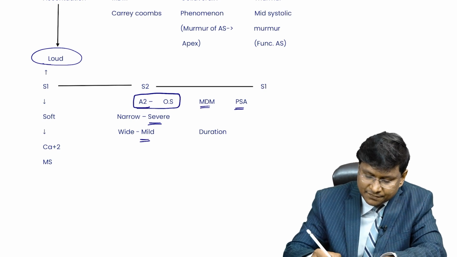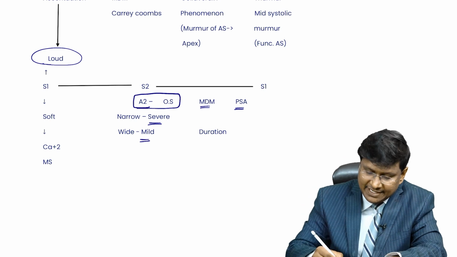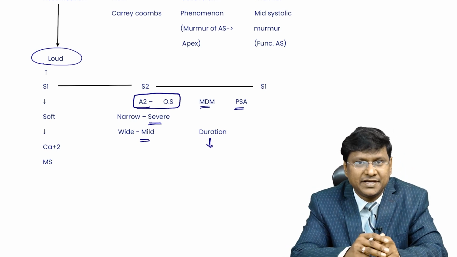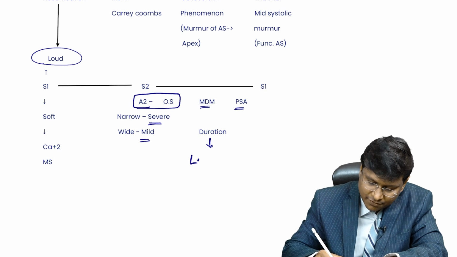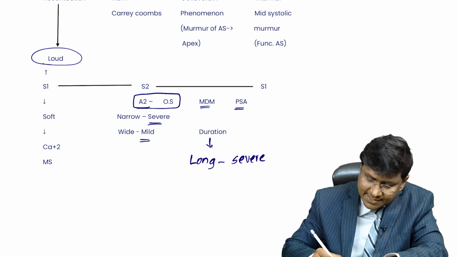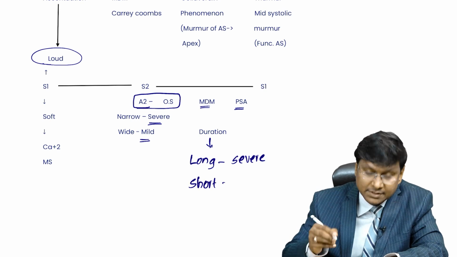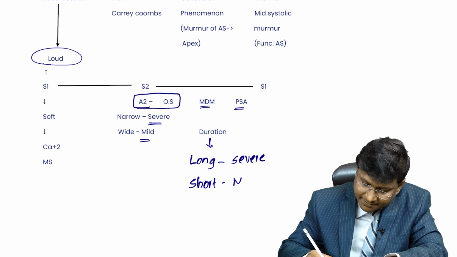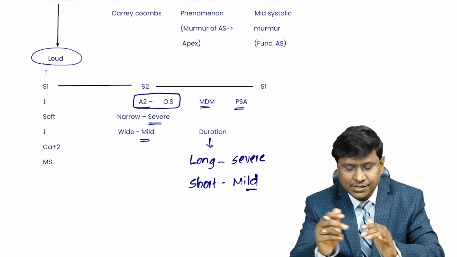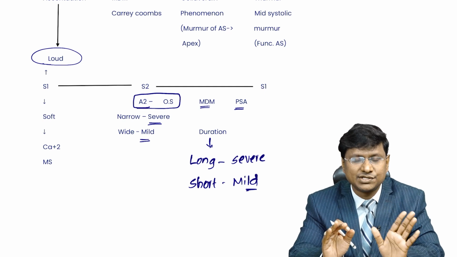And in the later part of diastole, you will have presystolic accentuation. And the duration of the mid-diastolic murmur also will decide the severity of the MS. If the duration is long, then it is severe MS. And if the duration of the mid-diastolic murmur is short, then it is said to be mild MS. So that is how to assess the severity of MS on auscultation.